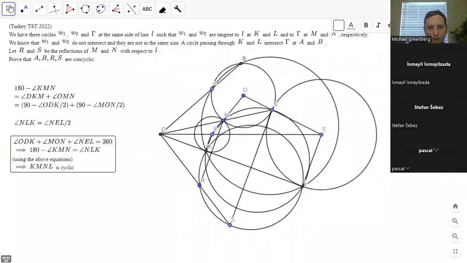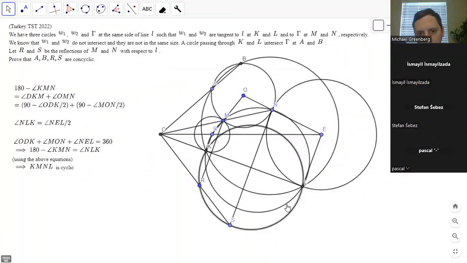And then we want to show that this is cyclic. So first we use the radical axis theorem to show... So we have this circle. We'll do that later. First, we want to show that DE, MN, and KL concur, right?